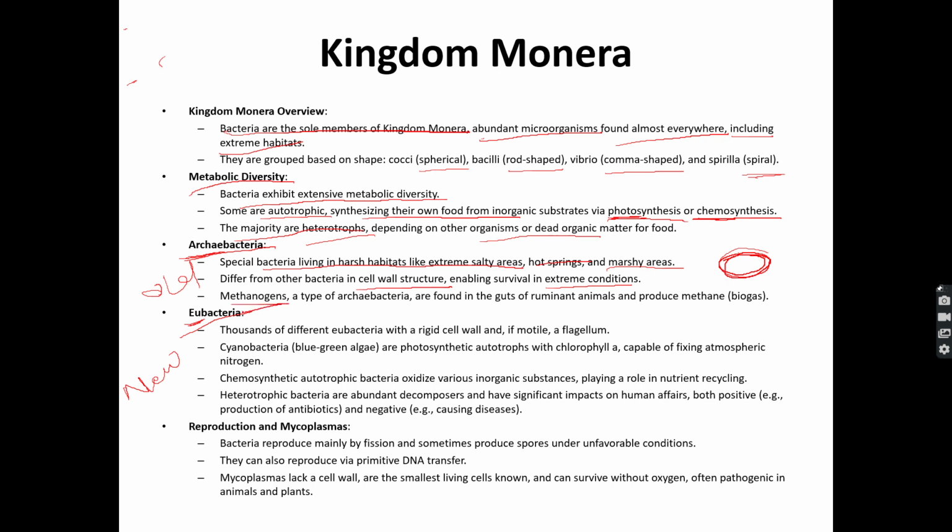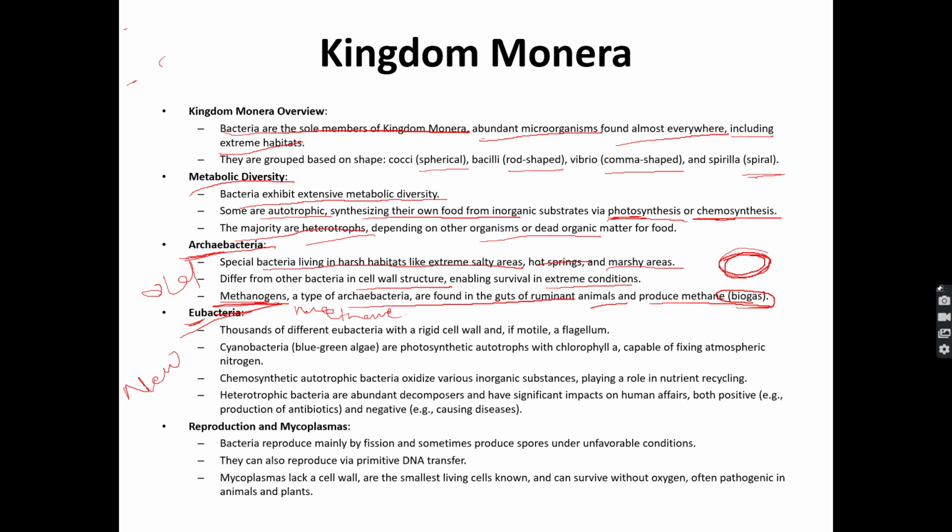Then these are methanogens. These archaebacteria are found in the guts of ruminant animals and produce methane, that is a biogas. So these bacteria are responsible for methane production.